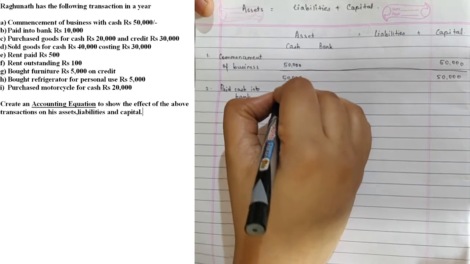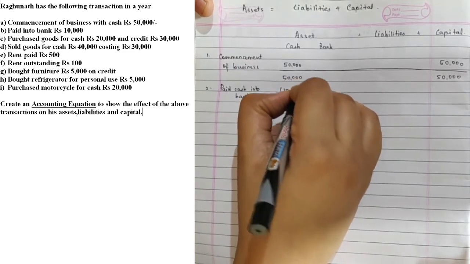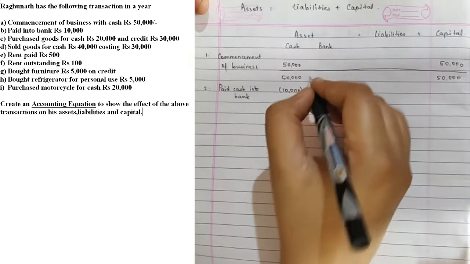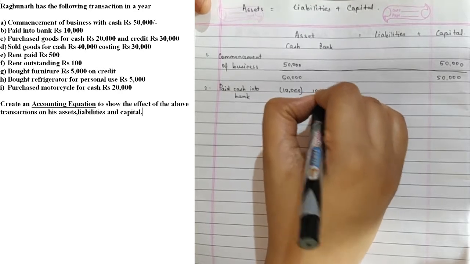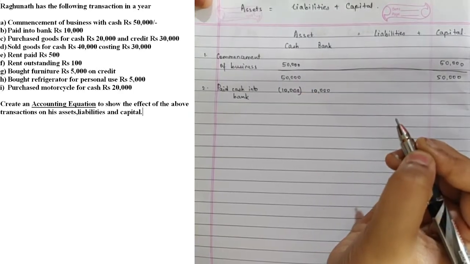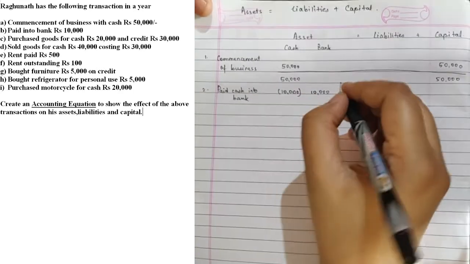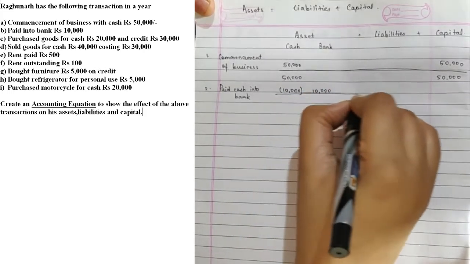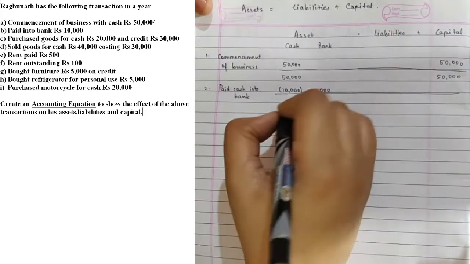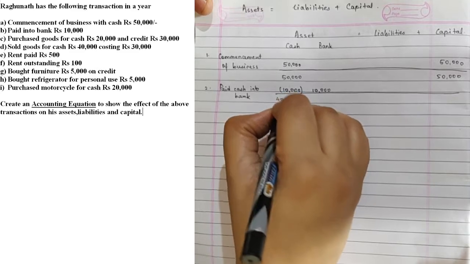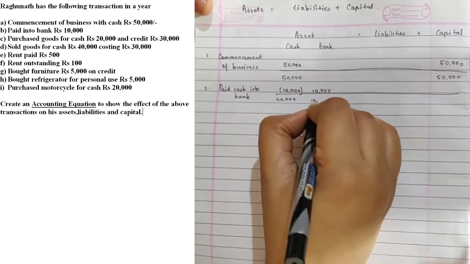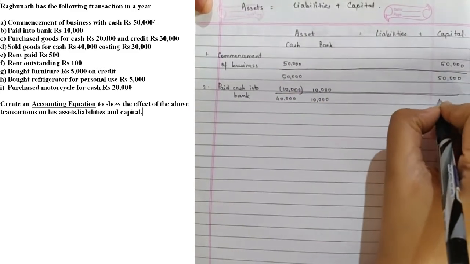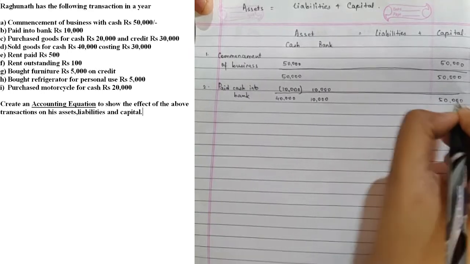That way, my cash will get reduced by 10,000 and there will be a corresponding increase in my bank balance by 10,000 rupees. So the position after this transaction is we have 40,000 cash, 10,000 at bank and 50,000 capital.